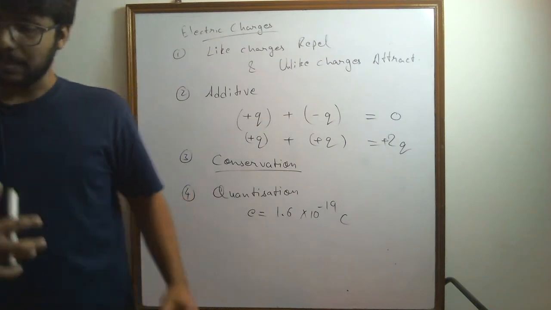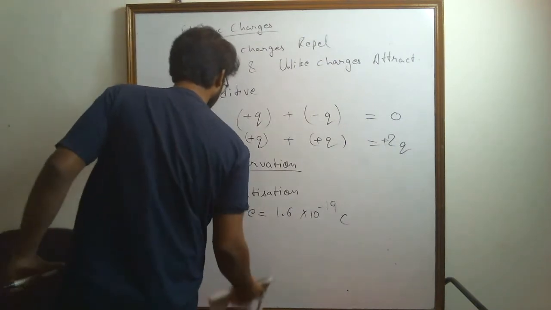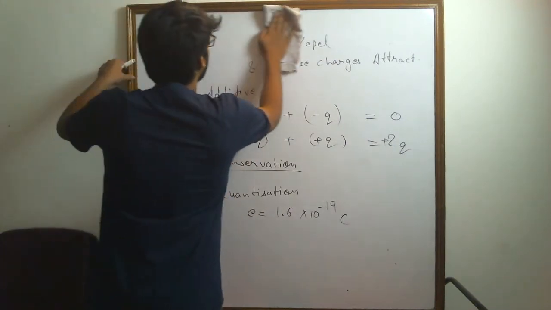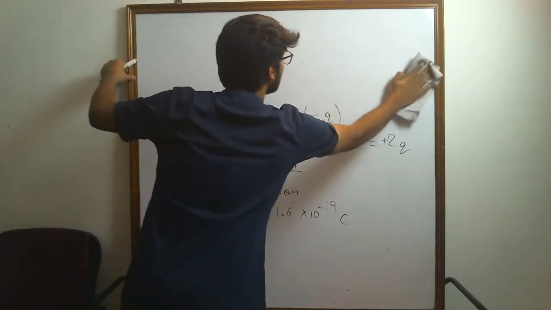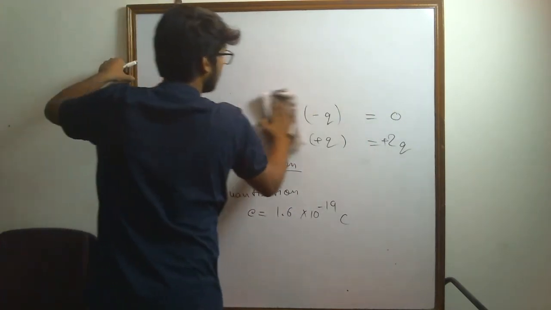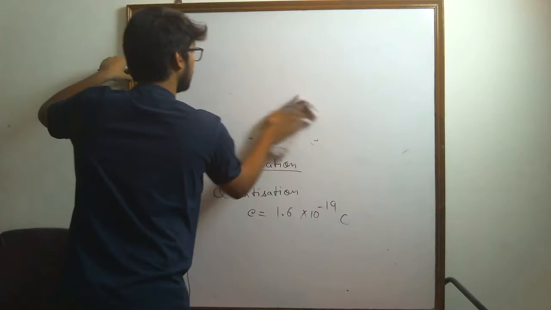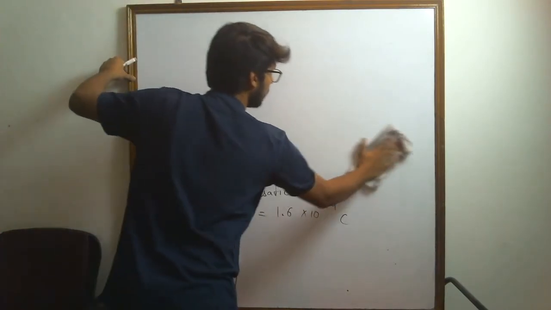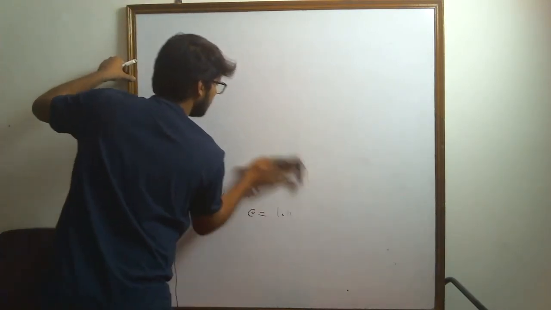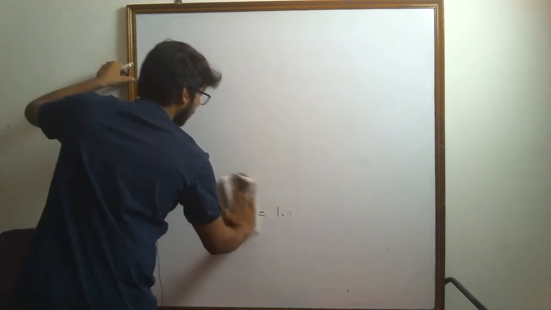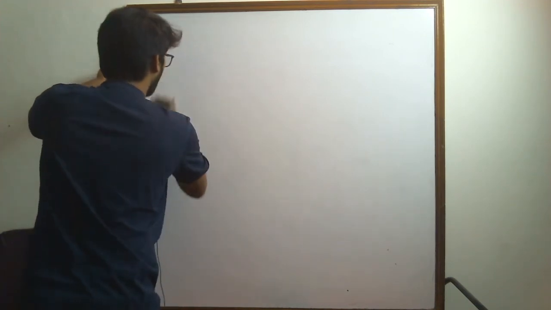Now, how does it matter with Coulomb's law, right? All of these are equally important and quite important to understand before we go to Coulomb's law, because they essentially make up Coulomb's law. Now, what is Coulomb's law?